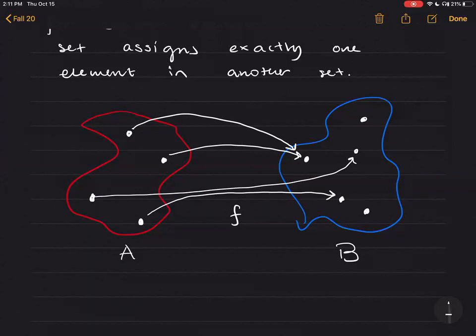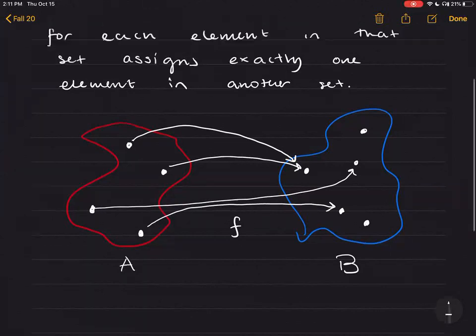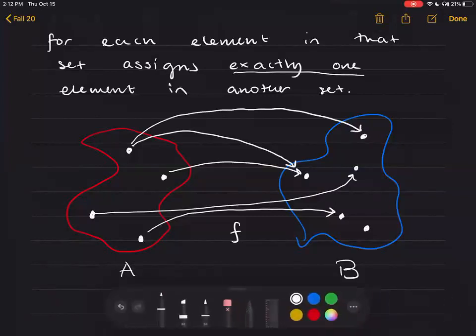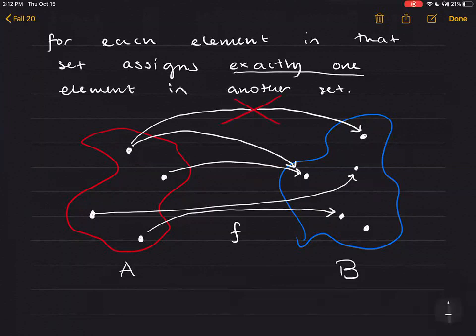And you have to be careful because of this exactly one statement right here. What that means is that we can't pick one thing from A and give it two arrows. So I can't do something like this, right? This is not allowed. We can't give two arrows to the same thing from our starting point.